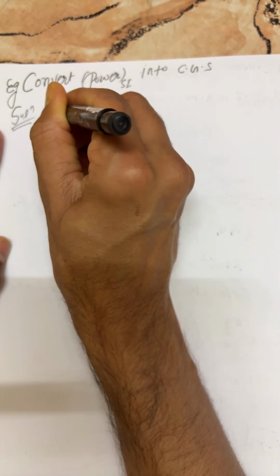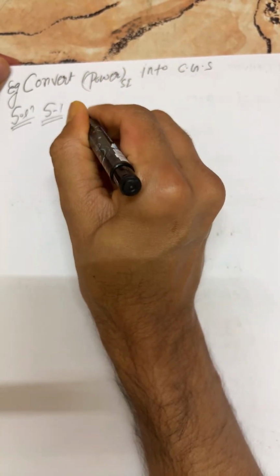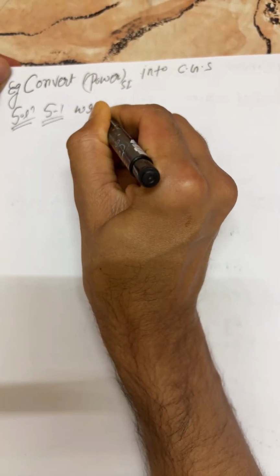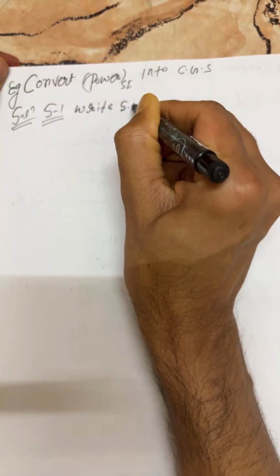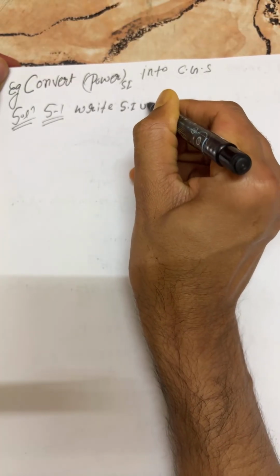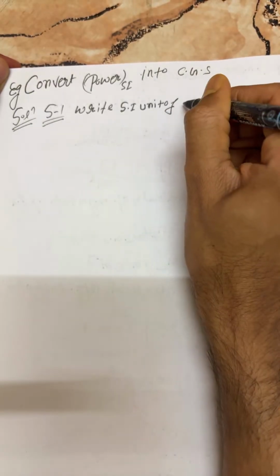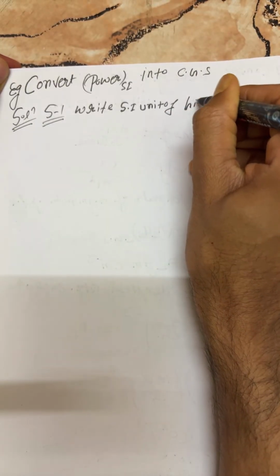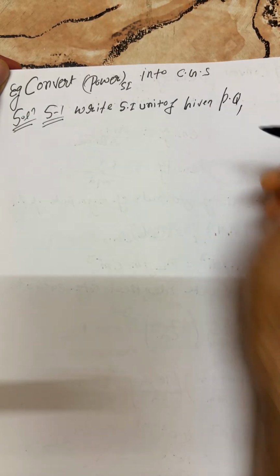Step one, student: write the SI unit of the given physical quantity.